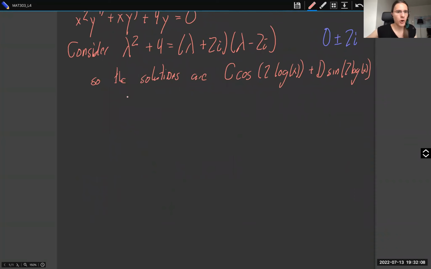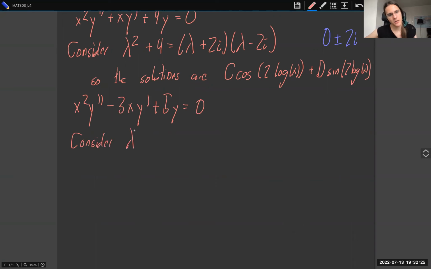Okay, now, for our last example of this, we're going to consider x squared y prime prime minus 3xy prime plus 5y is equal to 0. And so we consider what equation? Would it be minus 4 lambda plus 1?